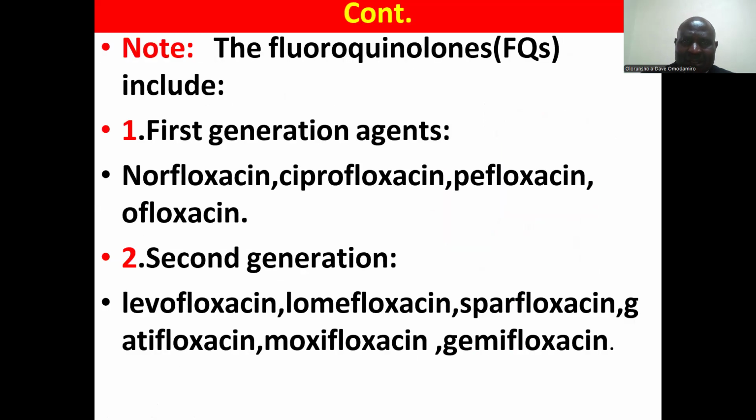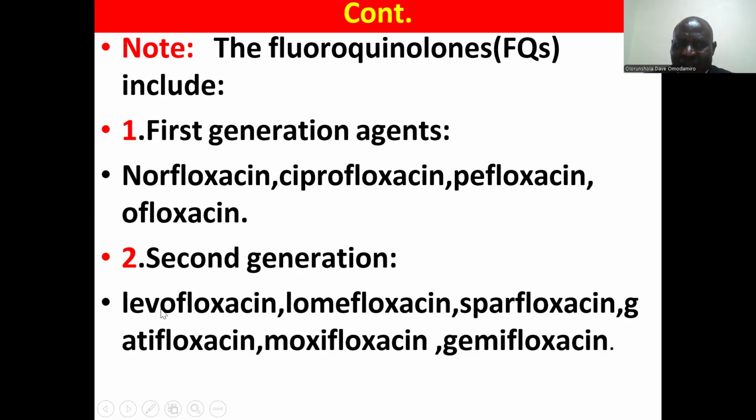Yes. So, of course, as we have shown you during the classification, this is considered to be the first generation of fluoroquinolone. The first generation involves norfloxacin, ciprofloxacin, pefloxacin, or ofloxacin.